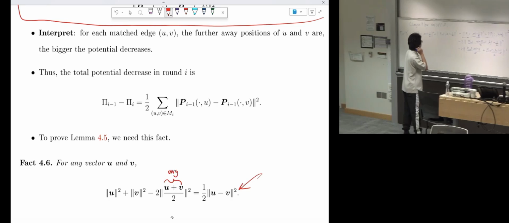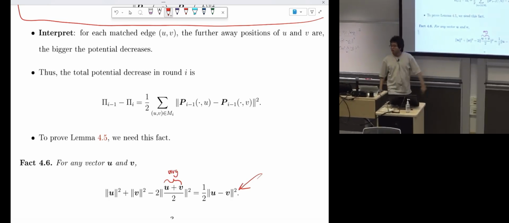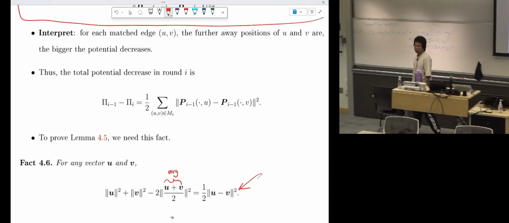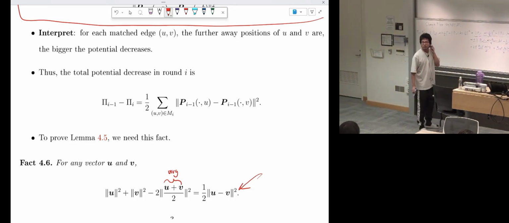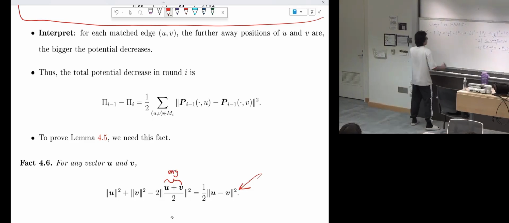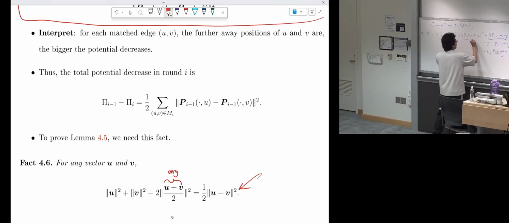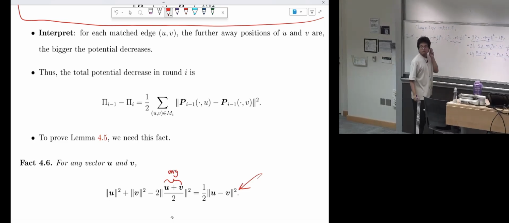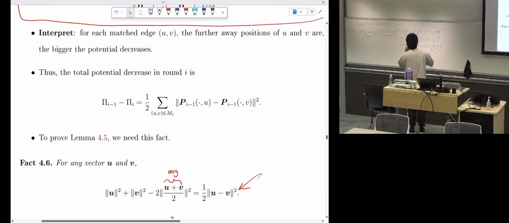So now we can apply this lemma, this fact. How would you set U and V? If I set this to be U and this to be V, you can see that this is exactly U plus V over 2.